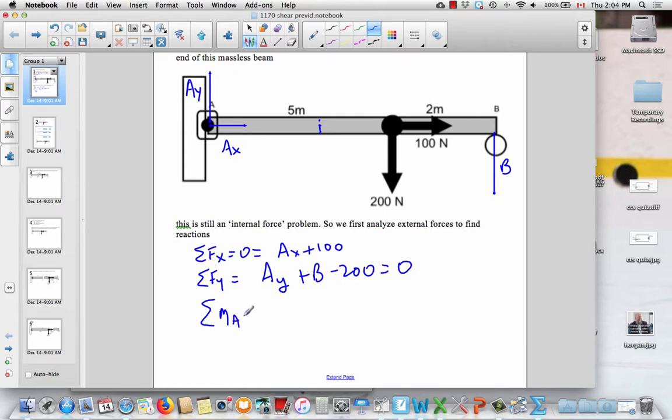Let's sum moments about A. So this 5 meter distance is to the point of application of this force. So we've got, with Z coming out at us, this will be a negative moment, 200 newtons, 5 meters from the point A. And then we've got a positive moment from the B reaction force, 7 meters from the point A. Moments sum to 0.